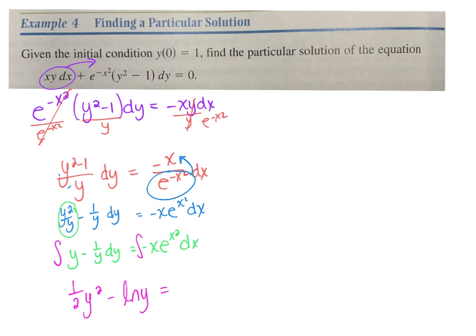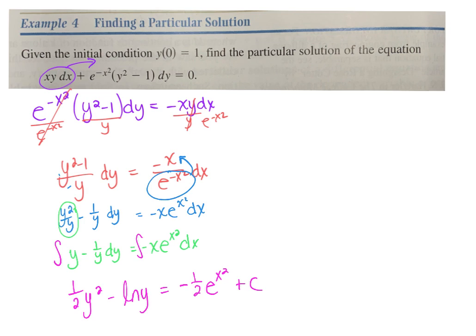Over here, we have to consider the exponent x squared. So if we did u substitution and my u was x squared, my du would be 2x, but I need -1. So we are going to multiply by -1/2. So it would just be -1/2 e to the x squared. And then, of course, we have our plus c.